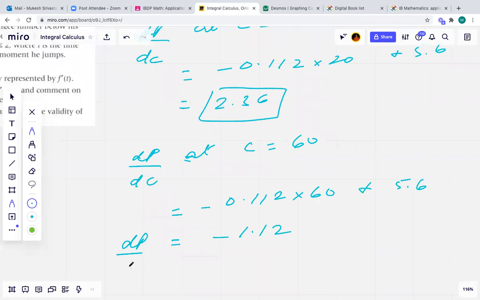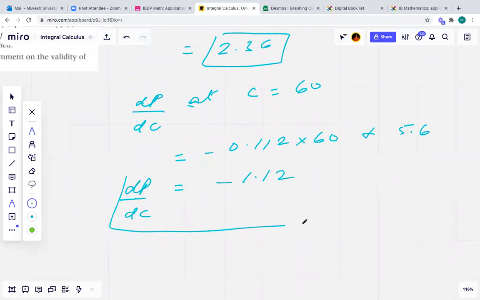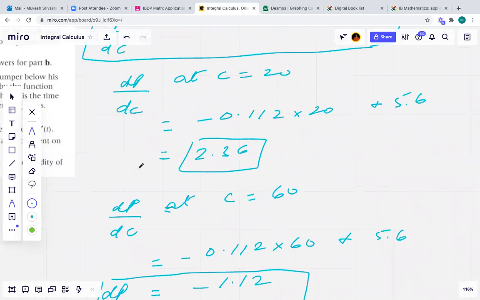This means a negative rate of change. See, it means at C equal to 20, your profit is increasing.